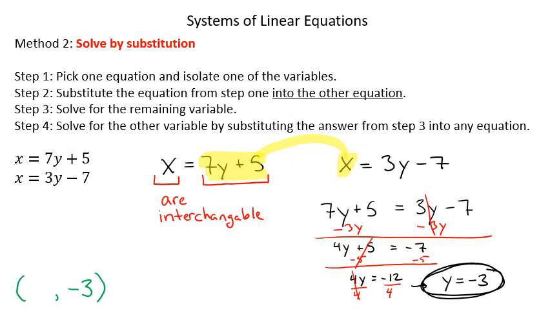One of them you find first, one of them you find second. So now that we have y is equal to negative 3, we could go back to the original problem. We no longer need the letter y. We could plug in a negative 3 wherever you see the letter y.